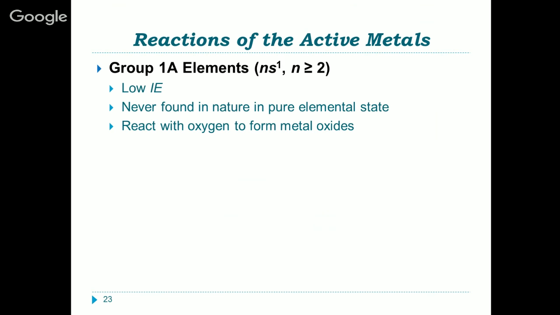So, group 1A, the alkali metals, have very low ionization energy. They're never found in nature in their pure elemental state, which means that you never find sodium by itself. Sodium has to be bonded to something else in a compound. And these metals react vigorously with water and react vigorously with oxygen to form metal oxides.